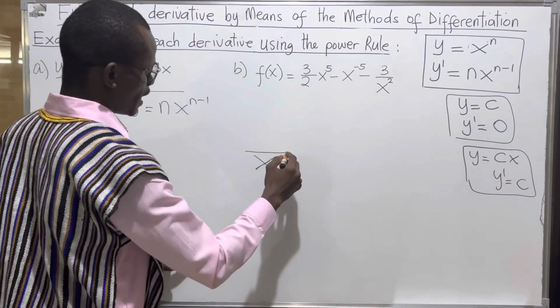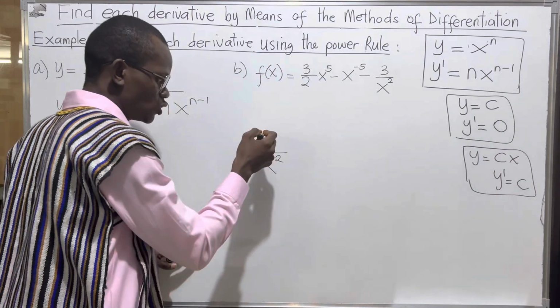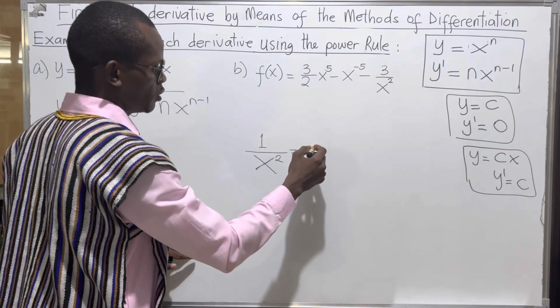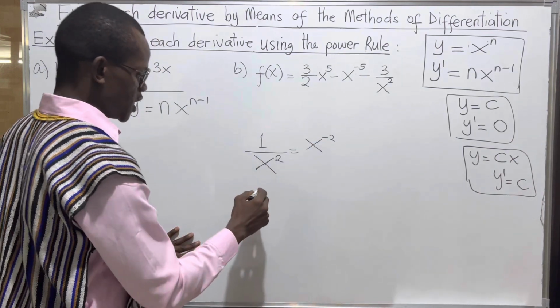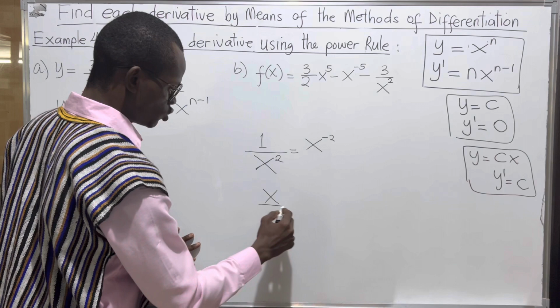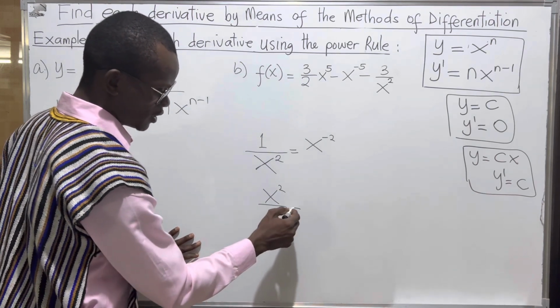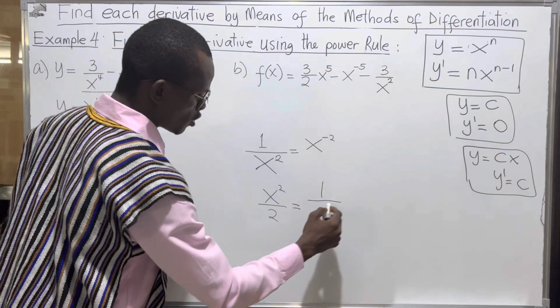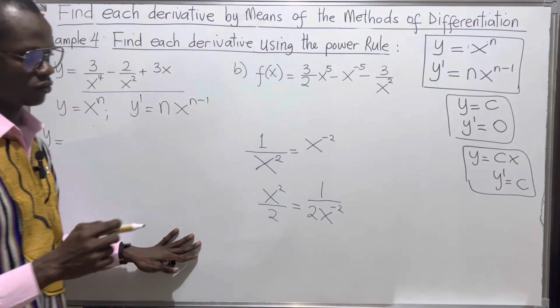If, for example, you have x squared down here, and you want to send this x squared on top, this will be equal to x raised to the power minus 2. If this was x squared over 2, and you want to send this x squared to the denominator, this will be 1 all over 2x raised to the power minus 2.